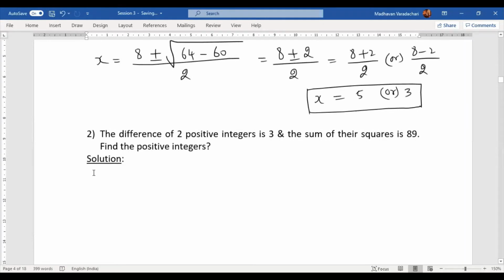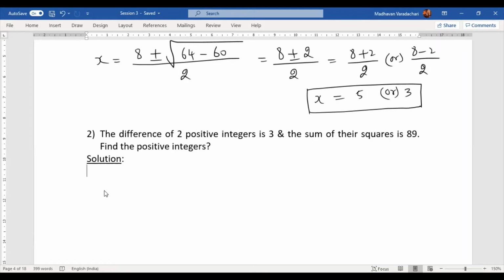The difference of two positive integers is 3, and the sum of their squares is 89. Find the positive integers.